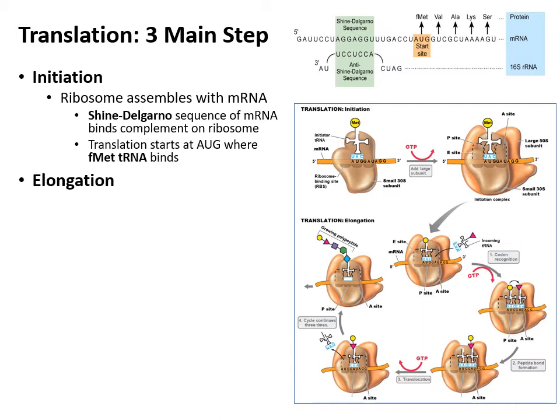Then picture a tRNA holding the first amino acid, fMet. It's going to come into the ribosome. This will be the only tRNA that enters the ribosome at the P site instead of the acceptor A site. So the tRNA holding fMet comes in at the P site.